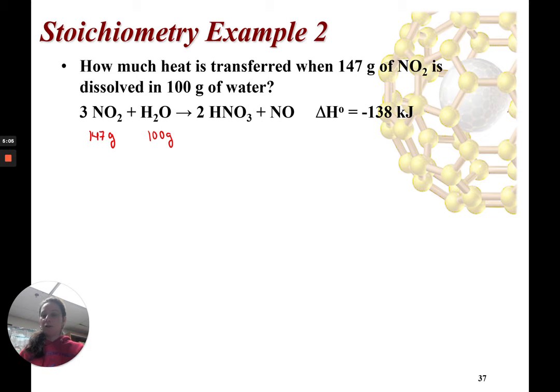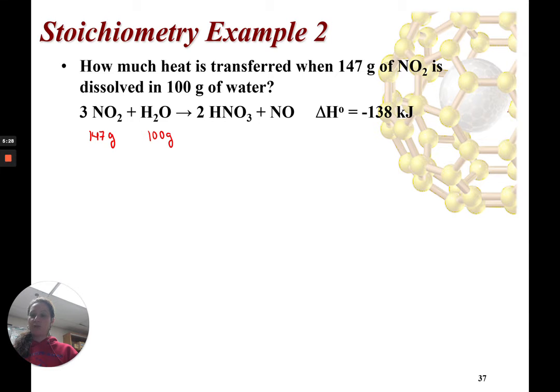Since we're doing heat calculations here, another way to do it would be to start with both and see how much heat I would get transferred with the NO2 and then with the H2O, and whichever gives me less heat transferred, that is the one that is limiting me, because once I form that amount of heat, then it stops, or it runs out.